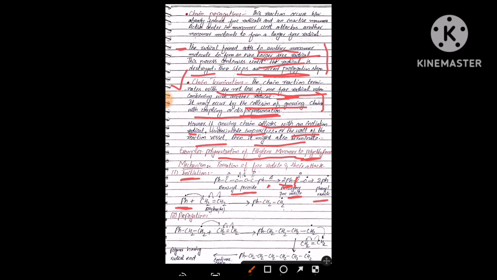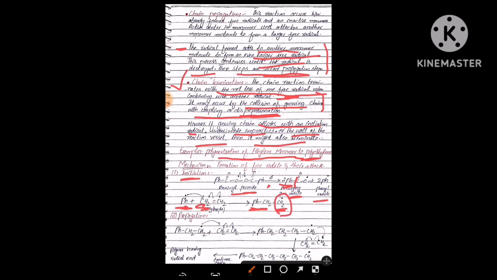This phenyl free radical will attack the monomer. The pi bond will break and a free radical moves onto each carbon, and one free radical will combine with the phenyl radical and form a bond, and another carbon free radical is present on the terminal position.